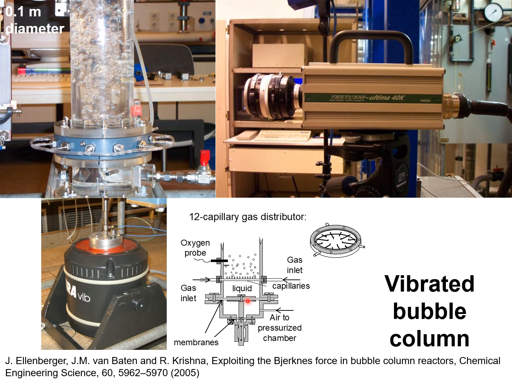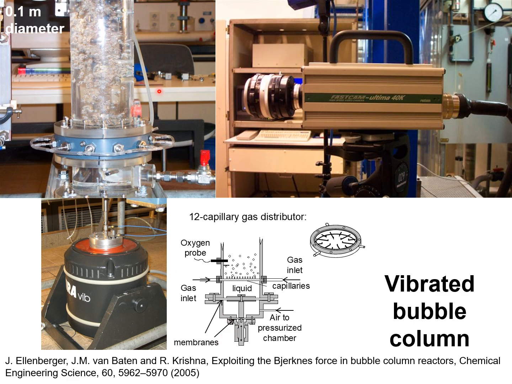So this is connected to the vibration exciter, and the liquid phase is subjected to vibrations, and above that we have a gas inlet where gas is injected through capillaries along the sides of the column.